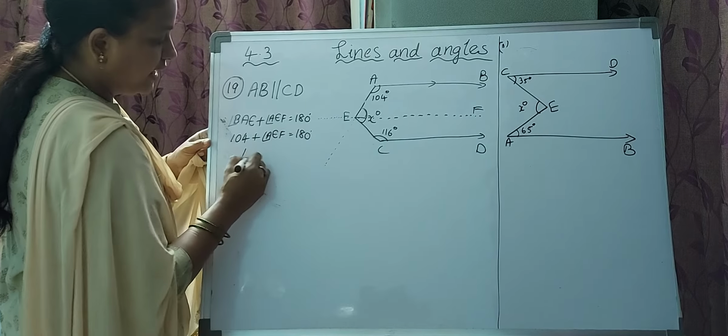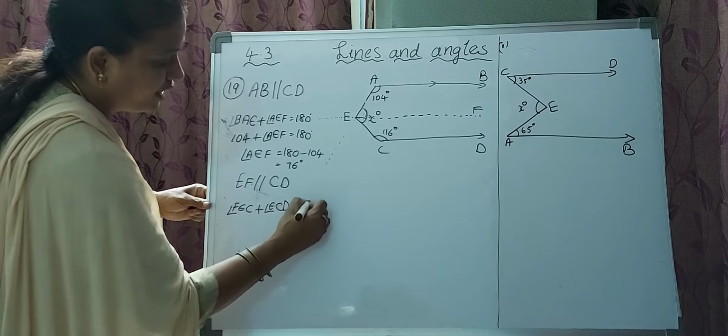Again see this one, EF is parallel to CD. Then angle FEC and angle ECD, these two angles are also angles on the same side of the transversal, 180. Angle FEC plus angle ECD is equal to 180 degrees.